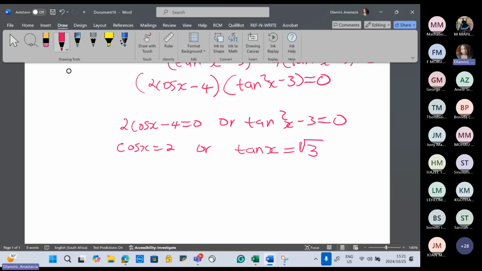Okay, let's start where you said undefined. So cos x is undefined. Why? Because of the arc of cos 2, there's no solution. Why?